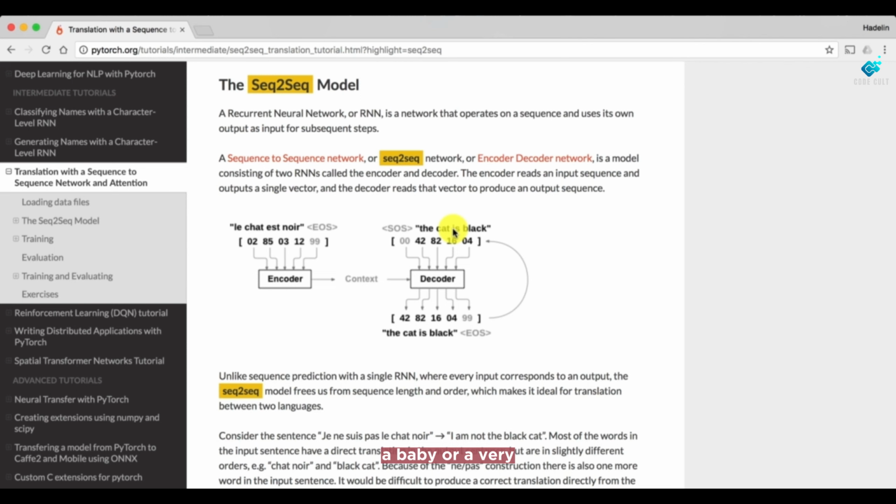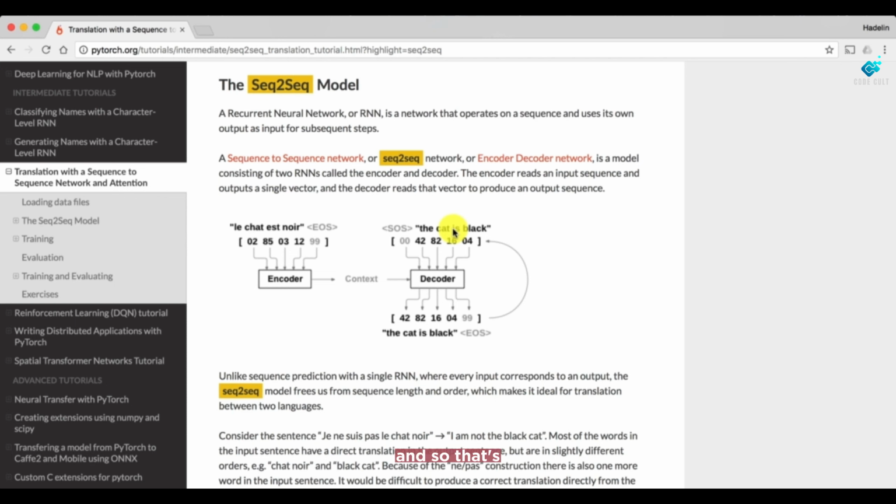A baby or a very young child doesn't know how to speak well at first, and it makes some kind of weird sentences in the very beginning, but then it learns by hearing his parents or her parents talking all the time how to say sentences that make sense. And that's exactly the same. Here, to build a chatbot, we train it for quite some time actually. It can take several days or even weeks to train a chatbot, so basically exactly like a child, to learn how to speak.